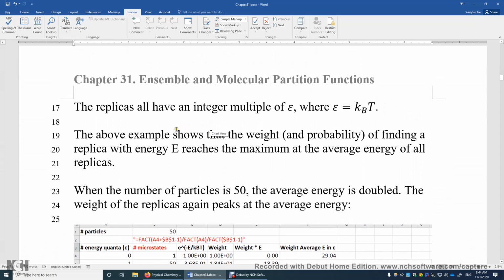I assumed these replicas all have an integer multiple of epsilon, where epsilon is equal to kBT. Well, this is just for the convenience of calculations. So this example shows that the weight of finding a replica with energy E, again this E is an integer multiple of epsilon, reaches the maximum at around the average energy or weighted average energy of all replicas.